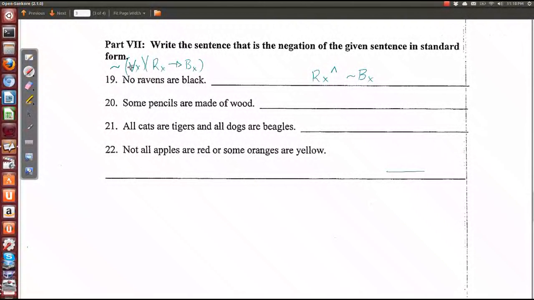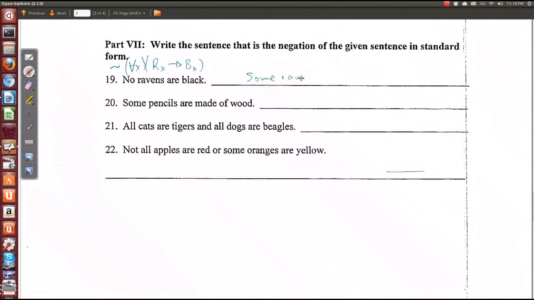And the opposite of a universal is an existential. So this is what it would look like symbolically. But what I need to think about is what this looks like as a statement. So I want to write this as a sentence. The opposite of all is some. And I'm not saying that they're ravens anymore.